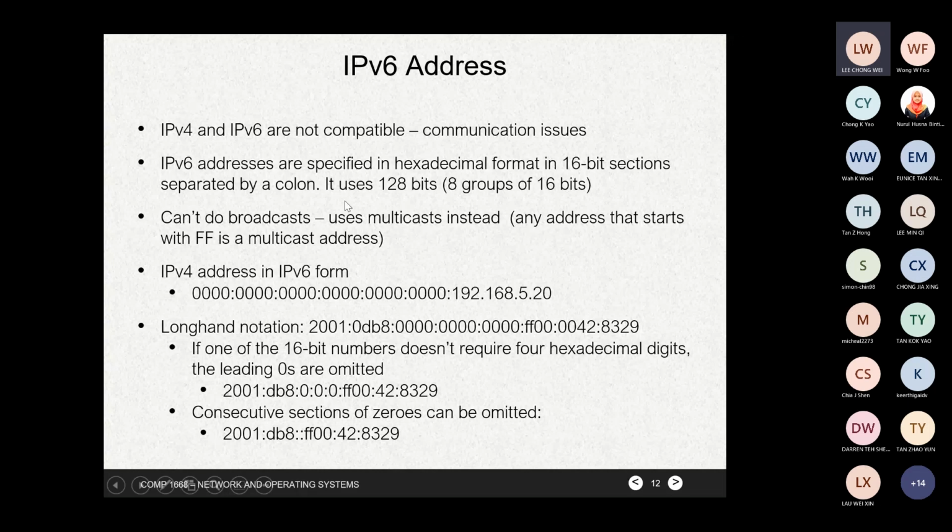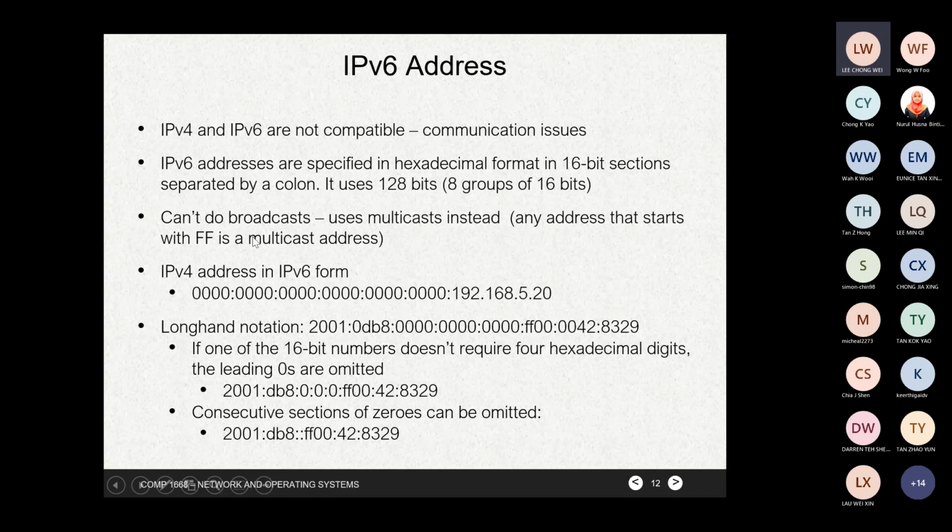And it uses a total of 128 bits, meaning double of IP version 4. 8 groups of 16 bits. In version 4, 4 groups of 8 bits. Over here, 8 groups of 16 bits. They make it double.